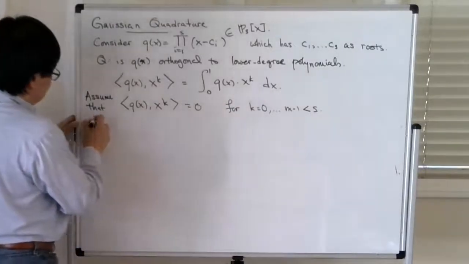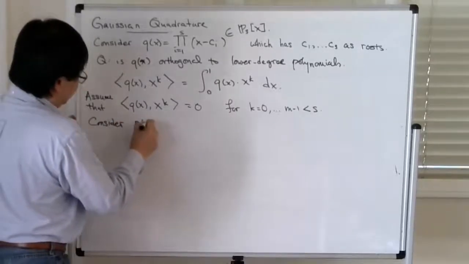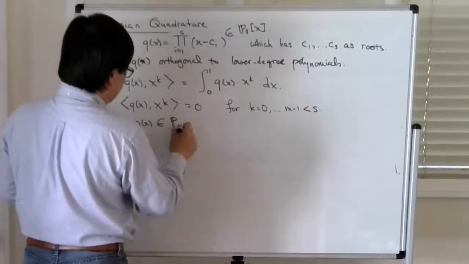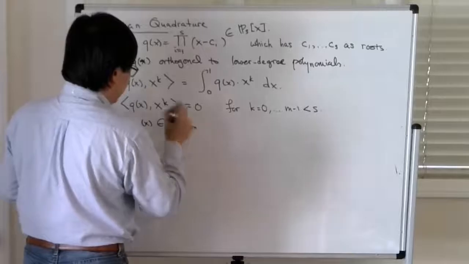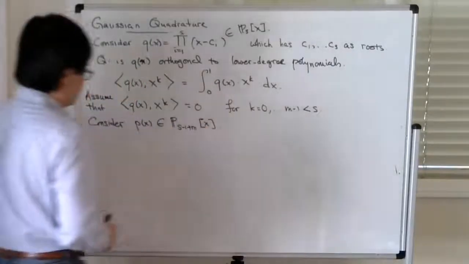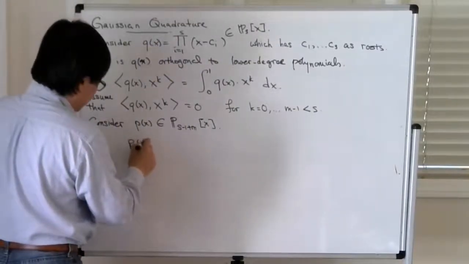So I'm going to consider a polynomial p of x, which is in the space of polynomials of degree s minus 1 plus m. Okay. All right, and let's see what happens. Okay. So I'm going to write p of x in the following way.